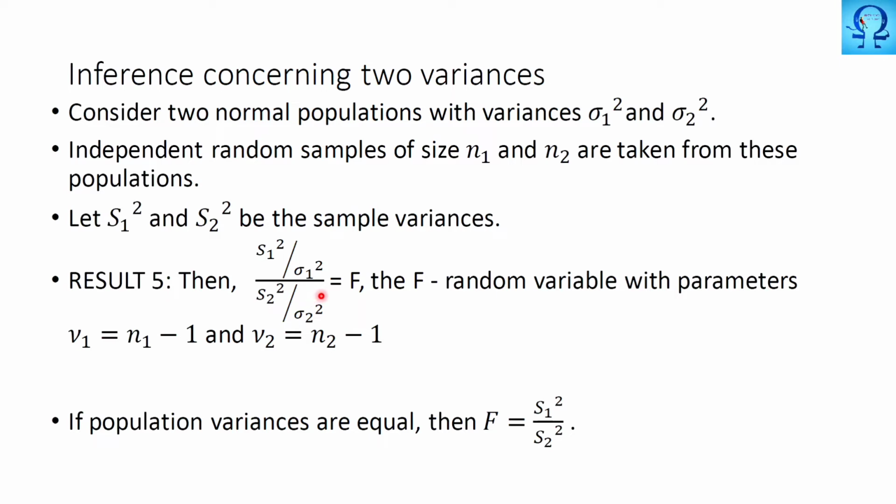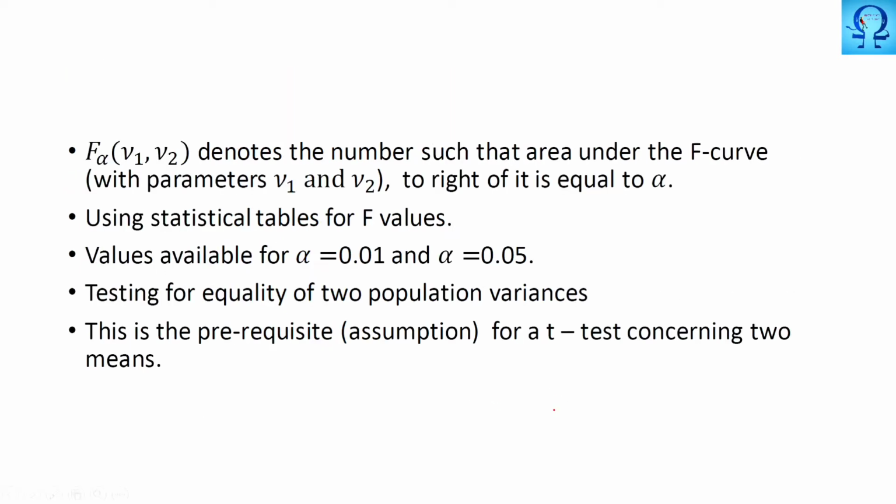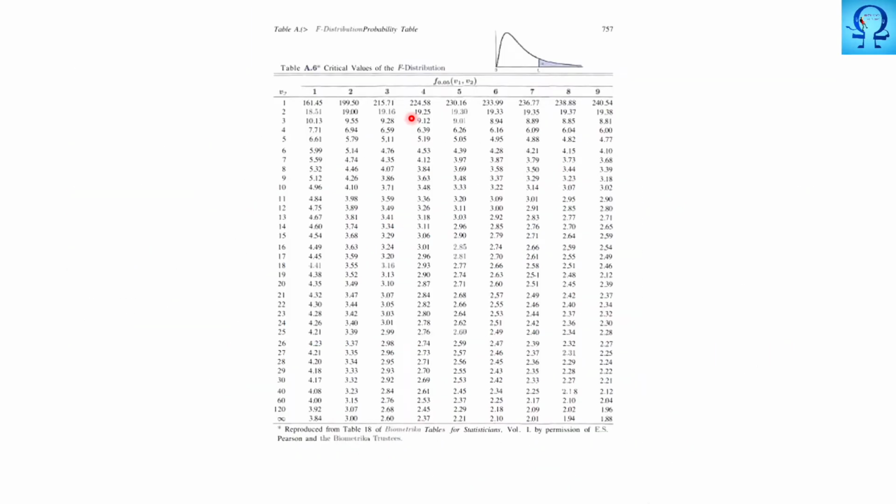If the population variances are equal, that is sigma 1 square is the same as sigma 2 square, then our F statistic is s1 square upon s2 square. And F alpha of nu1 comma nu2 denotes the number such that the area under the F curve to the right of it is alpha. Here, in this figure, if this line is the alpha value, then F alpha of nu1 comma nu2 is the shaded area.